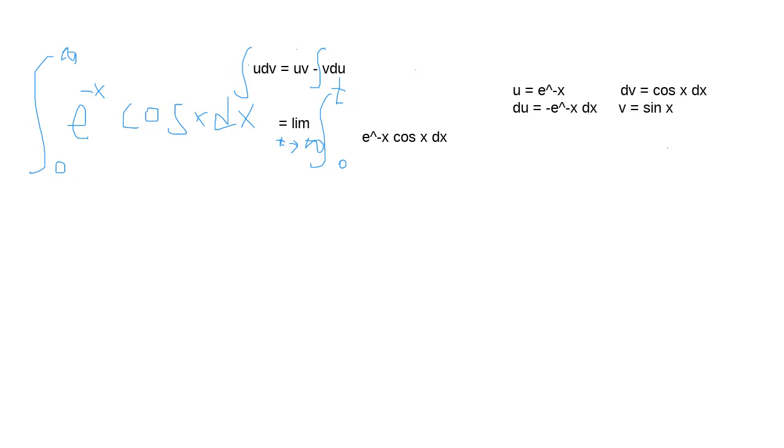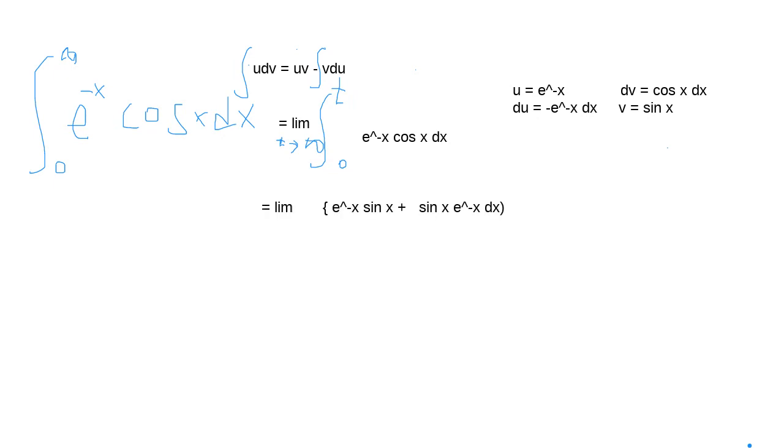I have uv, which is e to the negative x sine x, minus the integral of v du, and since du is negative, I'm going to have plus: plus sine x times negative e to the negative x dx, with space for my integration sign.